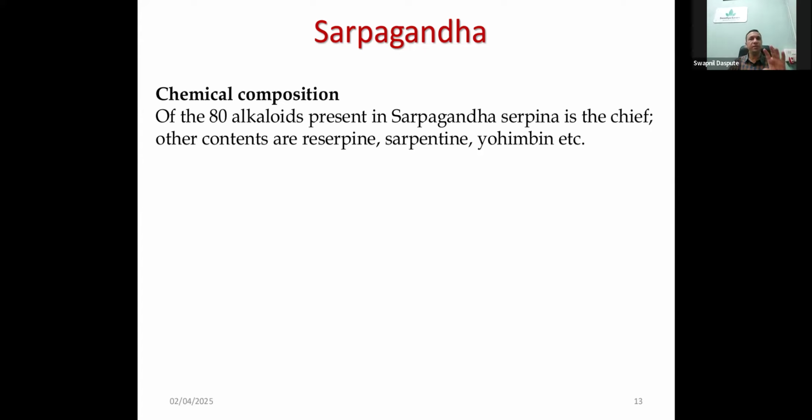Apart from this, in modern research, various studies have been conducted and are being conducted to see the action of Sarpagandha on blood pressure and hypertension. So we find preparations in the market which have used extracts of Sarpagandha in tablets, which can be used as antihypertensive pills.